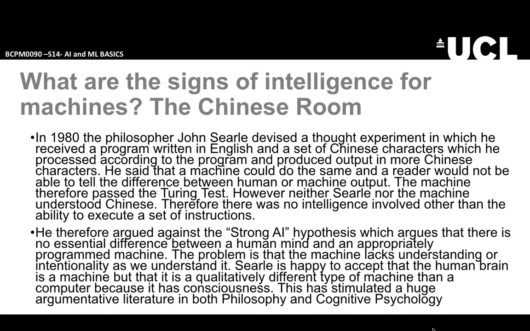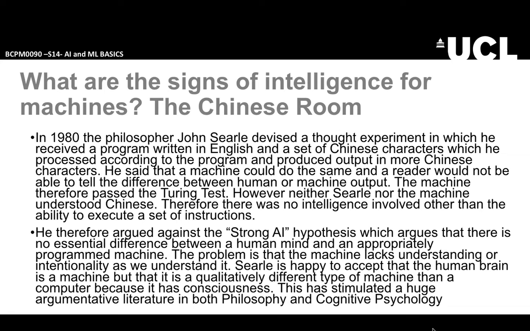Another classical example to understand differences and similarities between human intelligence and artificial intelligence is the Chinese room. Basically, this experiment argues that there is no essential difference between the human mind and an appropriately programmed machine. But the main difference is that the machine lacks understanding or intentionality as we human beings understand it.